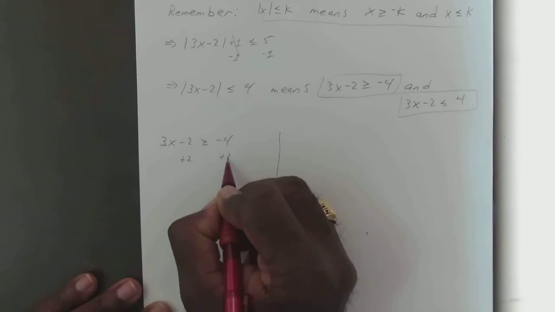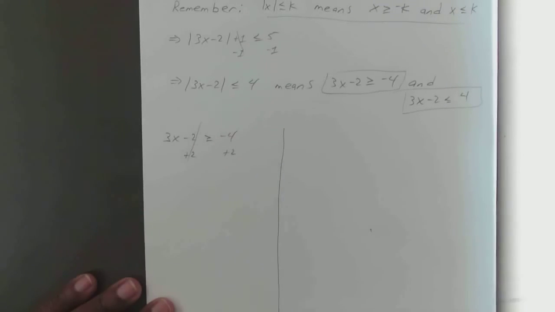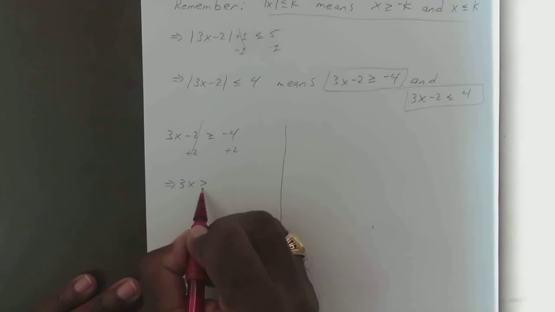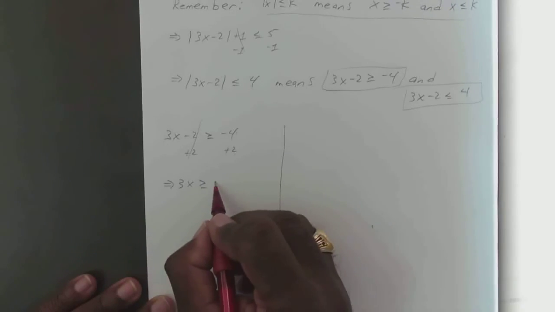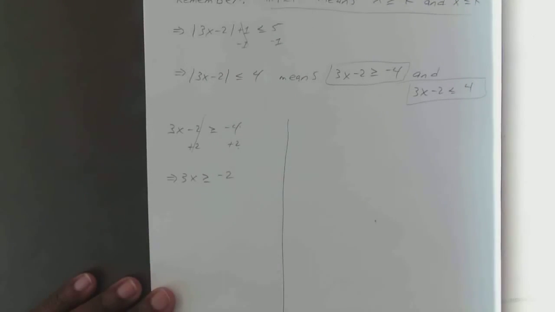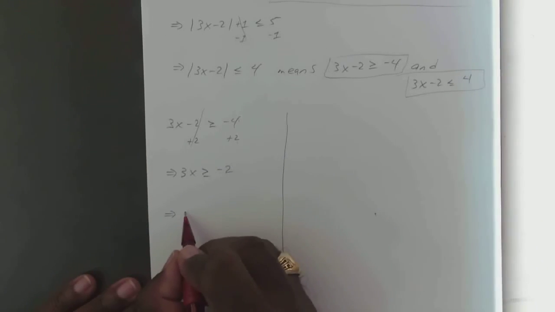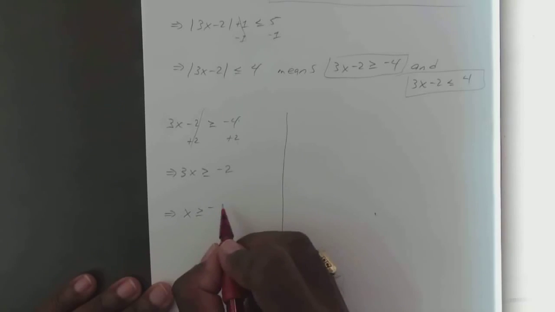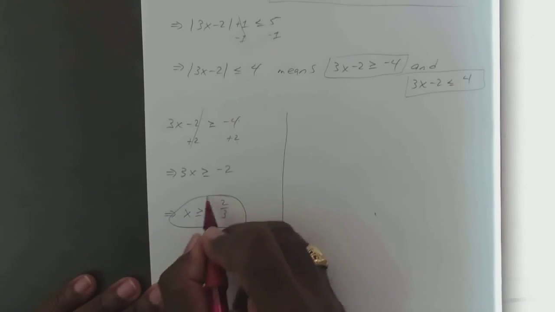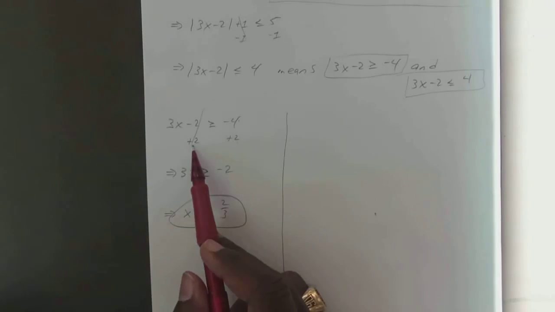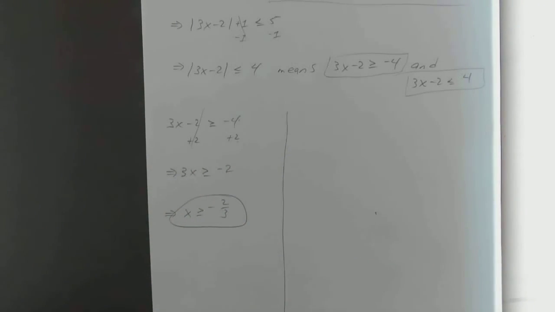Just add 2 to both sides. Those cancel out. So you have 3x is greater than or equal to negative 4 plus 2, which is negative 2. Divide both sides by 3. You have x is greater than or equal to negative 2/3. Remember, we didn't divide or multiply by a negative number, so you don't have to switch any signs. Adding and subtracting is just fine.